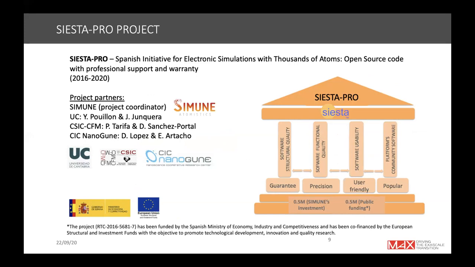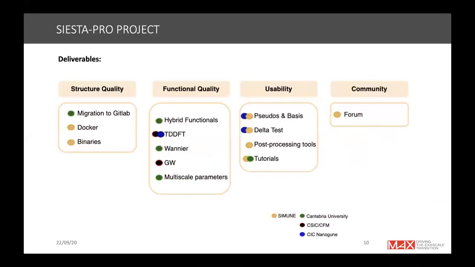Thanks to this project, the software structure quality and functionality quality have been improved, also the usability of the Siesta code. We also launched a forum that I think is of interest to the Siesta community. So I will say a few words about 2 of these topics, the migration to Gitlab and the forum that was recently launched.